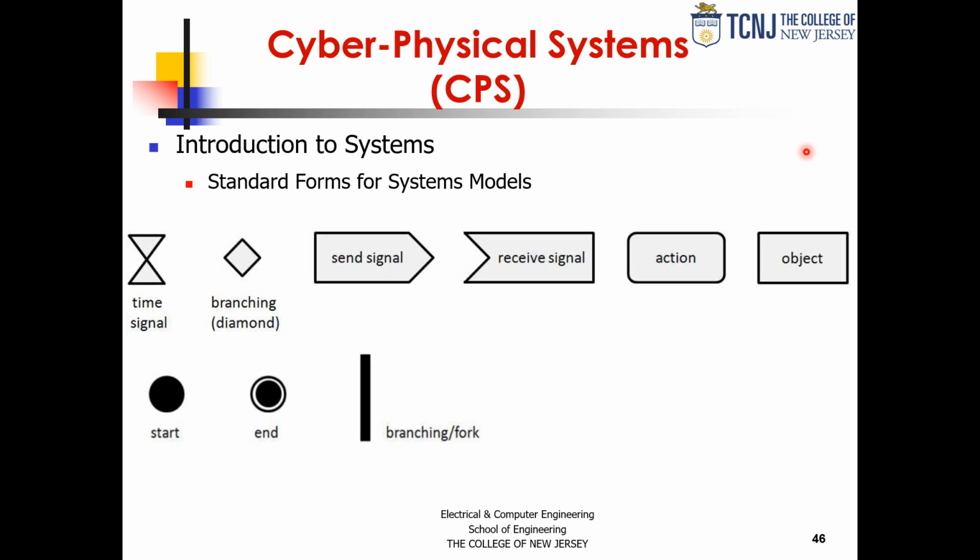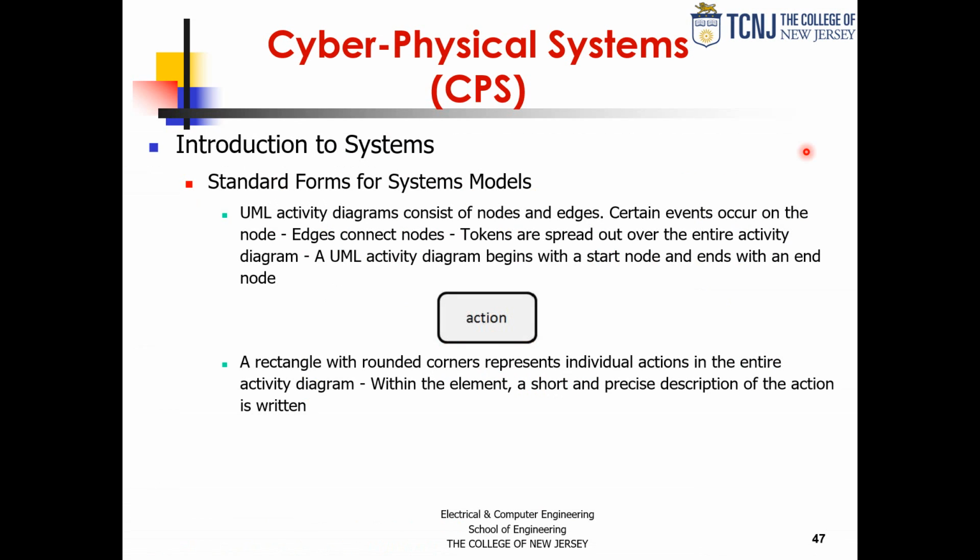So a UML activity diagram normally consists of nodes and edges. So it's event driven, so events occur on the nodes and the edges connect the nodes. So you can think of an activity as time progresses as a token going through the diagram, and if you are simulating the model in a UML simulator, then that's what's happened.